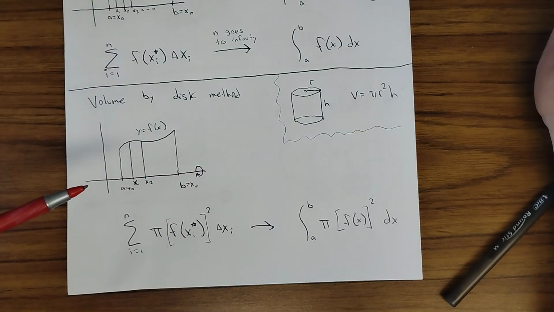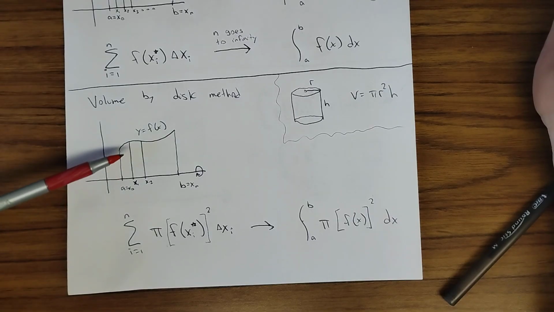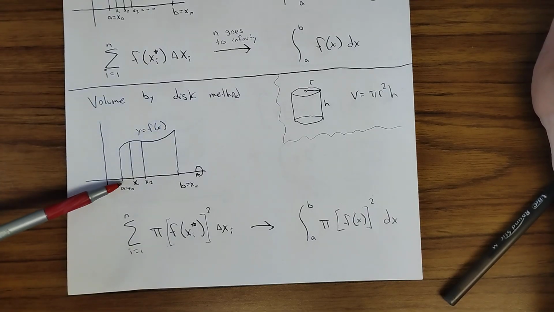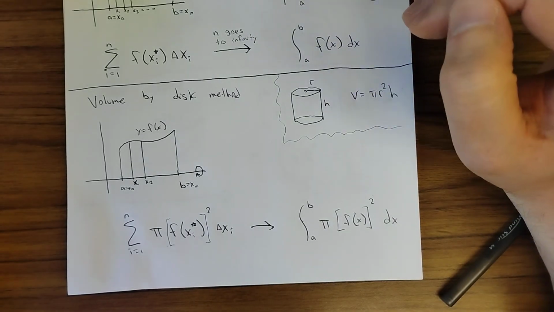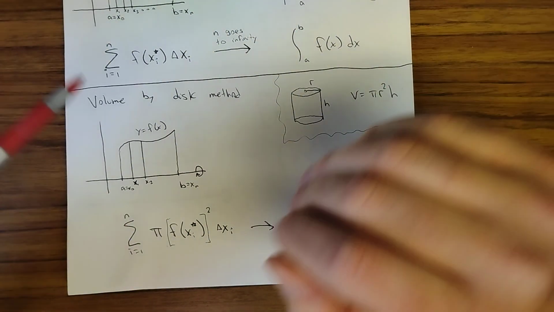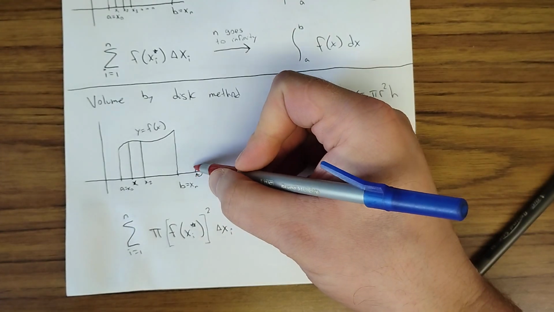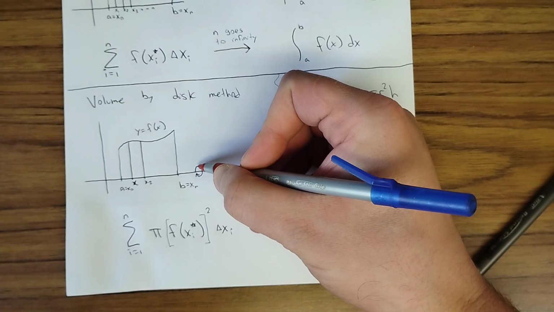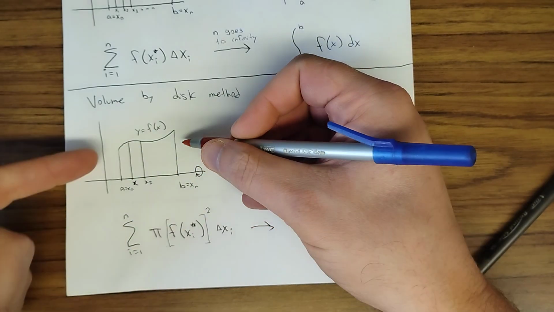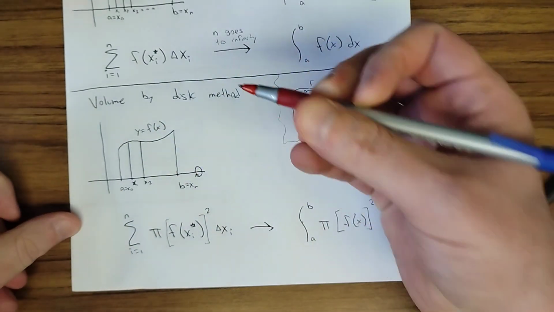So first of all, what are we doing? Imagine that we have some graph, y equals f of x, from a to b again, and I'm still assuming that f is continuous. That's true for all of today. And what is this thing? This indicates that I'm going to spin, or revolve, this shape around this line.